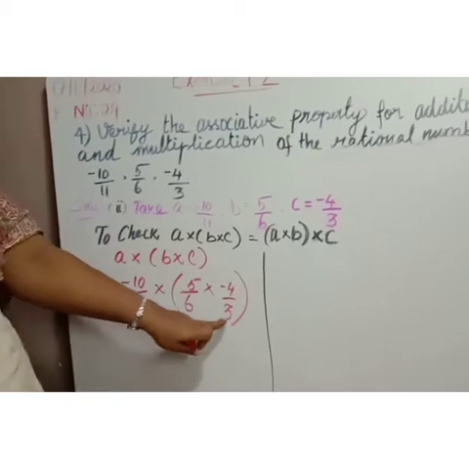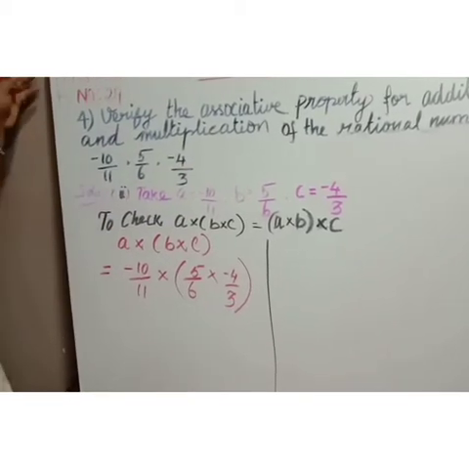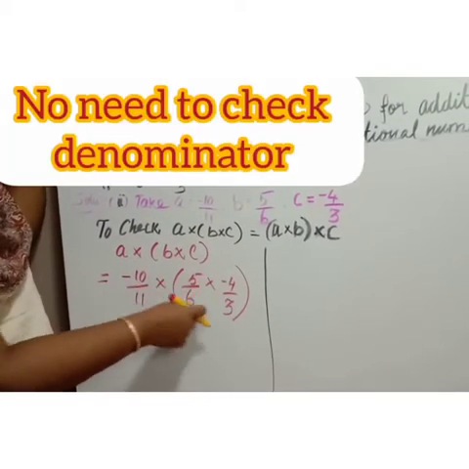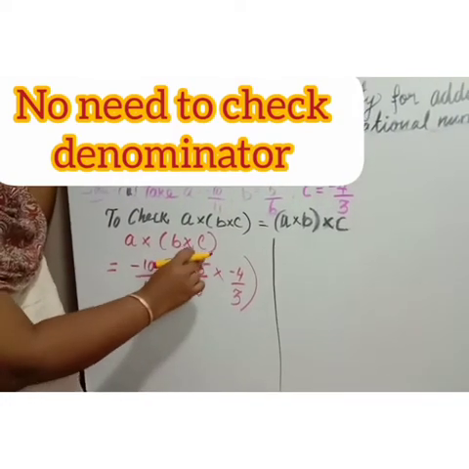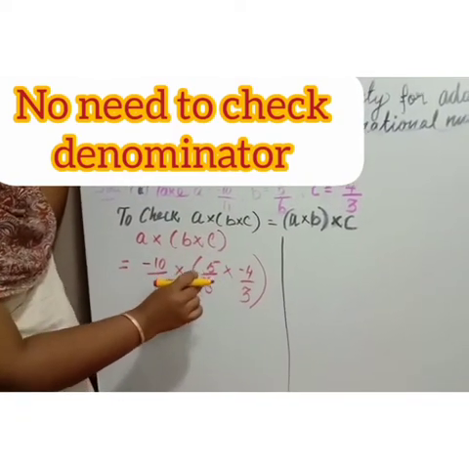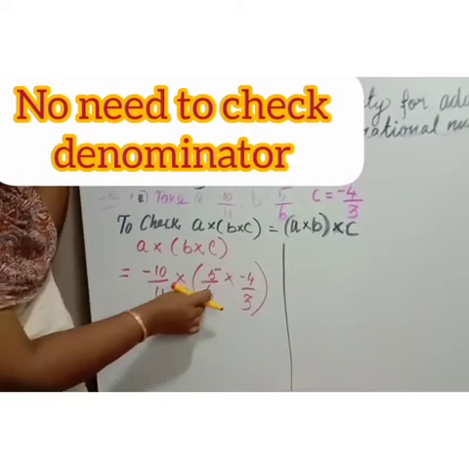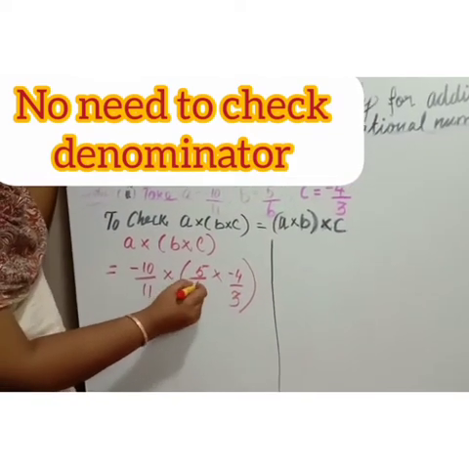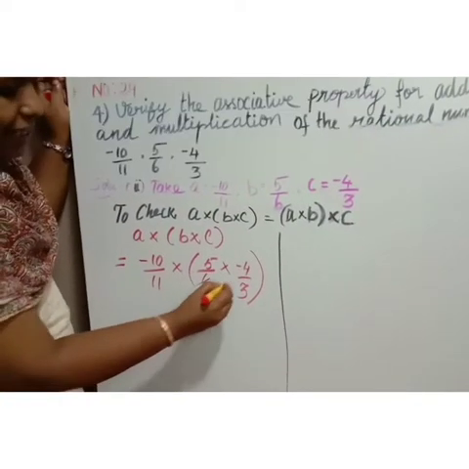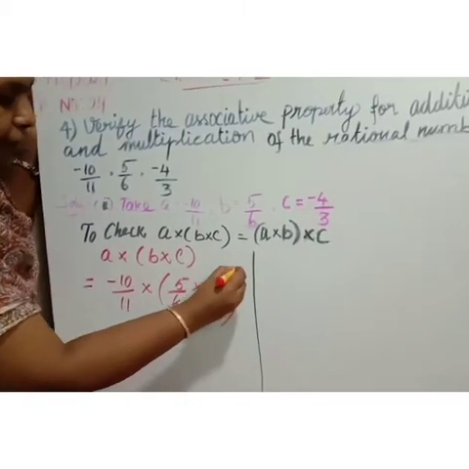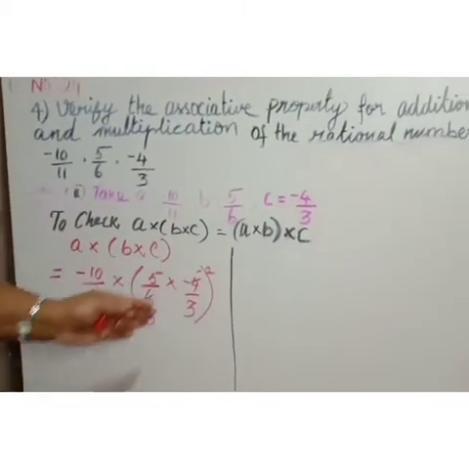For multiplication, there is no need to check the denominator. There is no common divisor needed, so we multiply numerator with numerator. These two numbers are divisible by 2: 2 threes are 6, 2 twos are 4. Is there any other common divisor between these numbers?